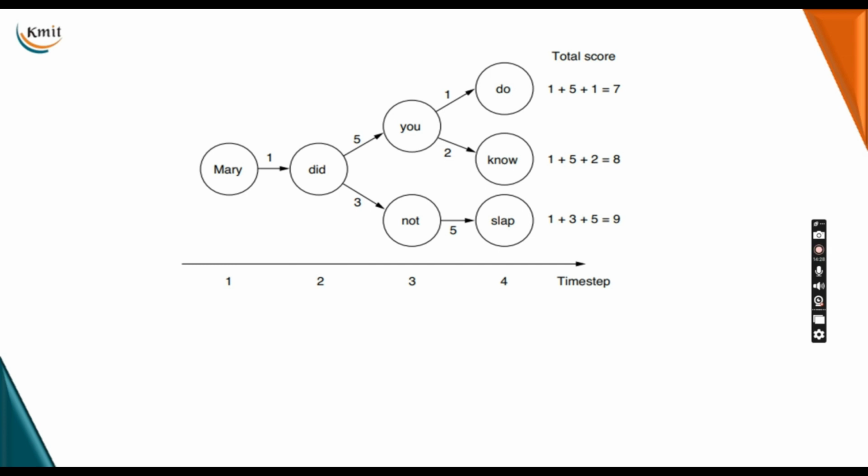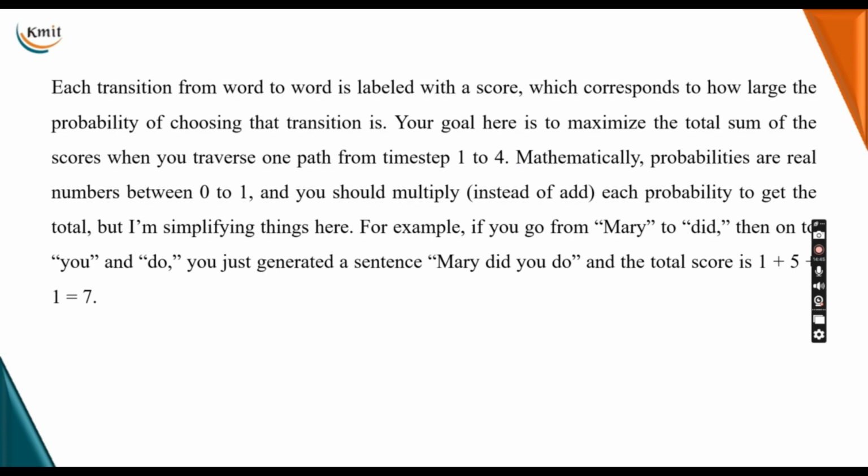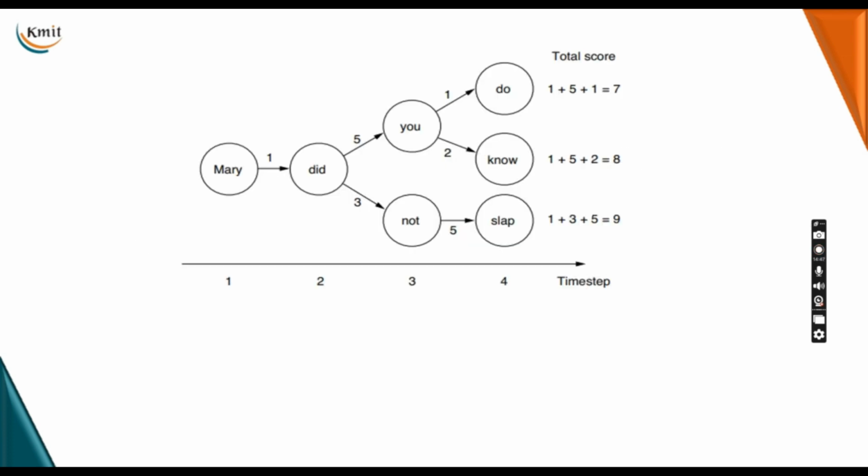For example, when I choose did, this word did branches out to another set of possible words, you and not, to pick for the next time step. Now, this greedy decoder that we have seen earlier will have 2 choices. It generates did at time step 2, and that did will generate you and not.